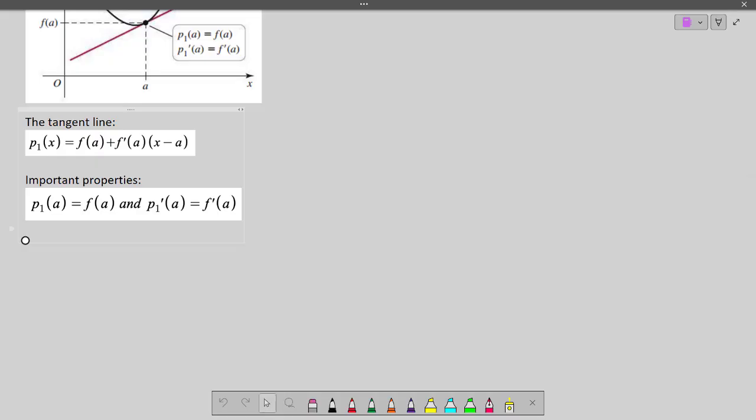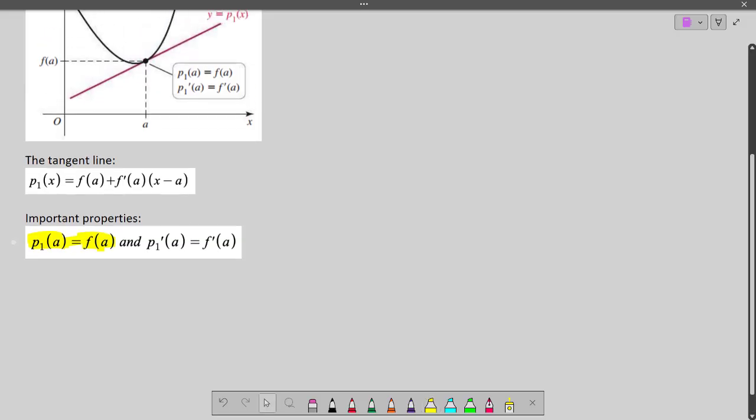Two important properties of the tangent line. Its value at a matches the function at a. So the tangent line and the function have the same y coordinate at x equals a. So the value of the function and the value of the tangent line match.